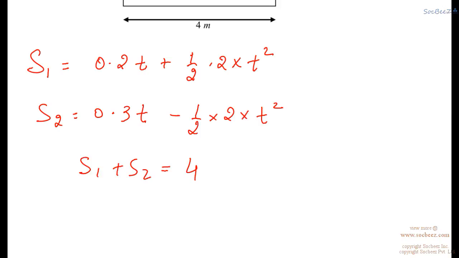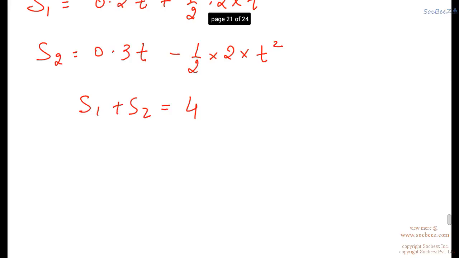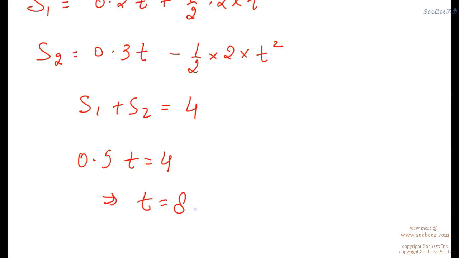Here it is given to us the length of the chamber inside the rocket is 4 meter. Therefore S1 plus S2 is 4. And if we sum these two, we can get 0.5 t equals 4, which gives us t equals 8. Okay. Now if we assume a closed chamber, the collision will be very close to the left end.